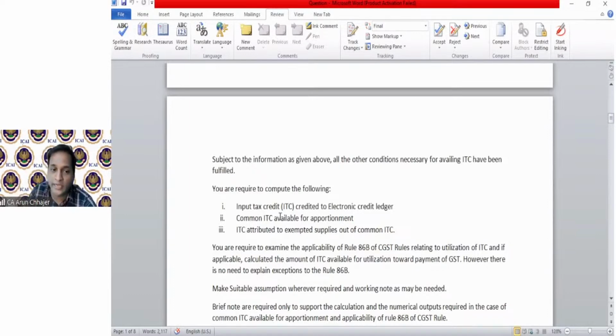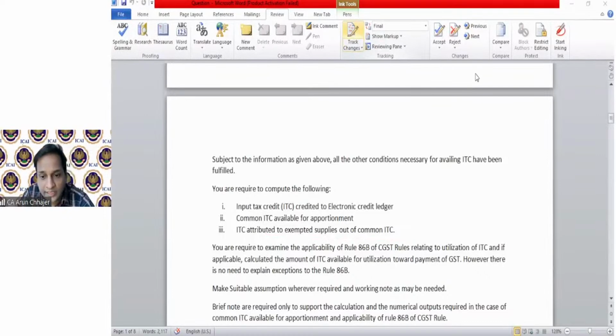Now, you are required to compute the following: ITC credited to the electronic credit ledger. So we have to compute total ITC minus any common reversal, and then net ITC, which is credited to my electronic credit ledger. Common ITC available for apportionment, ITC attributable out of the common ITC. So basically, the detail is with respect to the ITC portion.